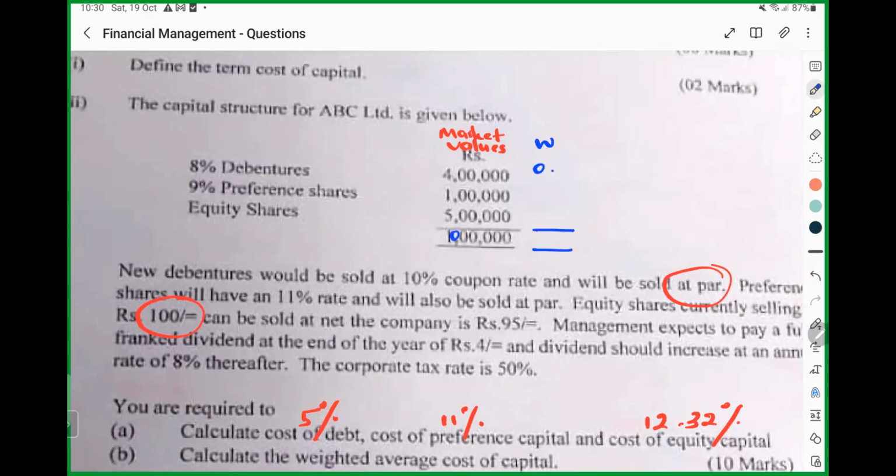So the investment proportion is 0.4. Out of 1 million, 100,000 is preference shares, investment proportion 0.1. Out of 1 million, 500,000 is equity shares, investment proportion 0.5.